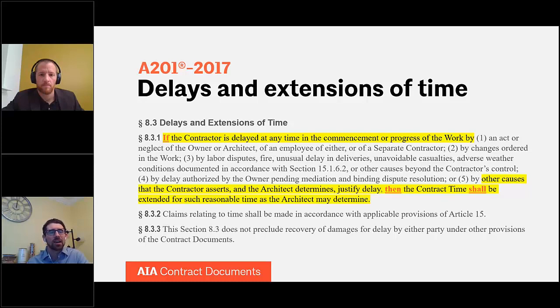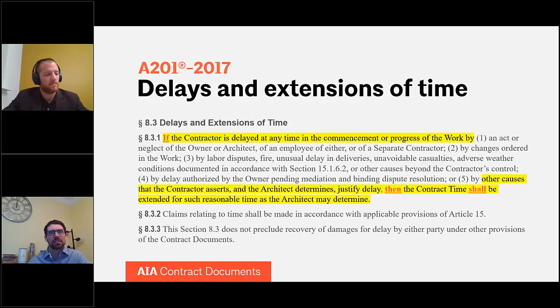So with that being the case, the contractor could potentially rely on subsection 5 or assert that it's been delayed during the commencement or progress of the work, even if there was a cause that was potentially within the contractor's control, if the architect determines that such event justifies a delay.